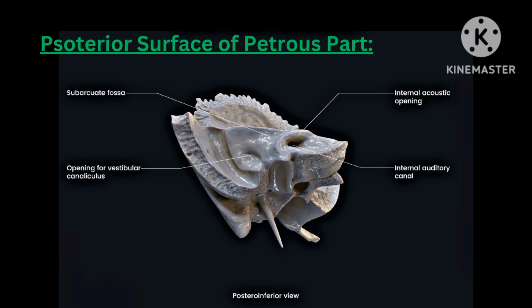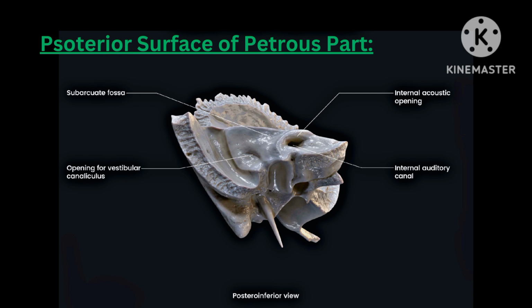There are 5 nerves that run through the internal auditory canal: the intermediate nerve, sensory component of cranial nerve 7, facial motor root, motor component of cranial nerve 7, cochlear nerve, component of cranial nerve 8, inferior vestibular nerve, component of CN8, and the superior vestibular nerve, component of CN8.